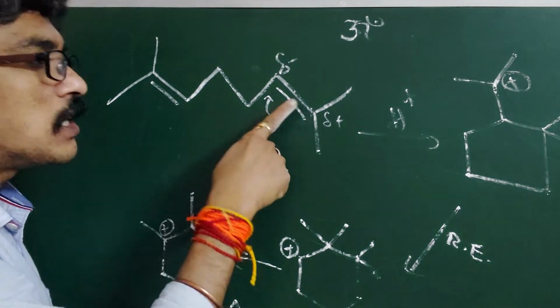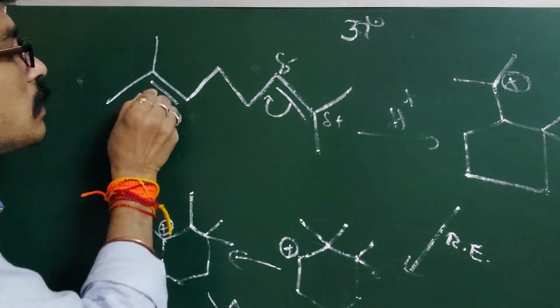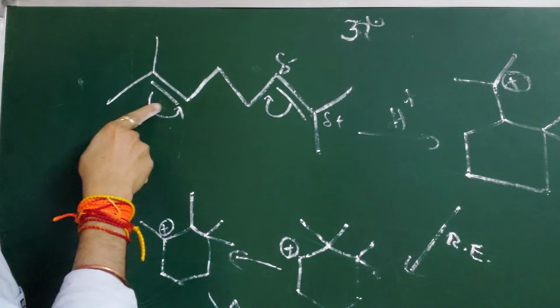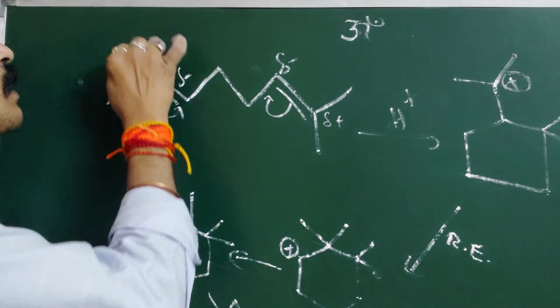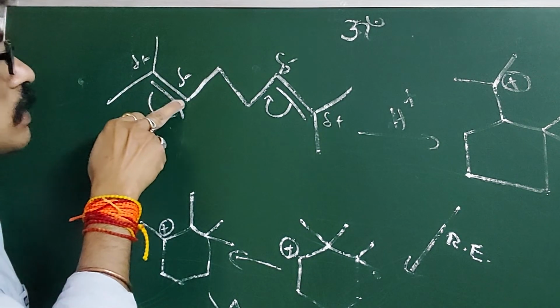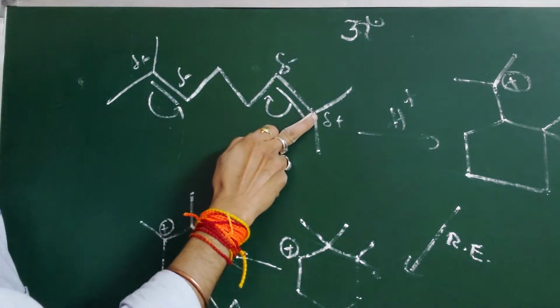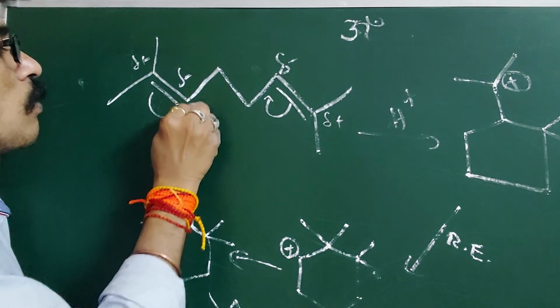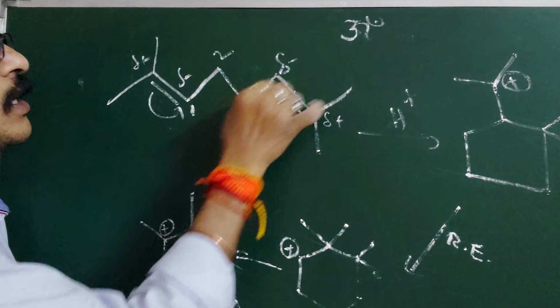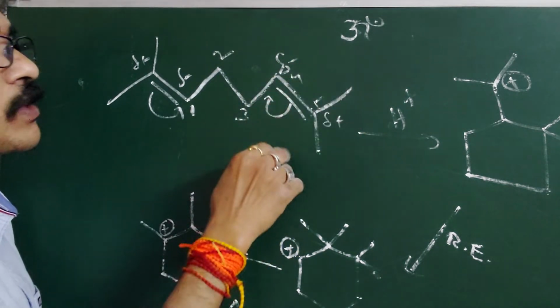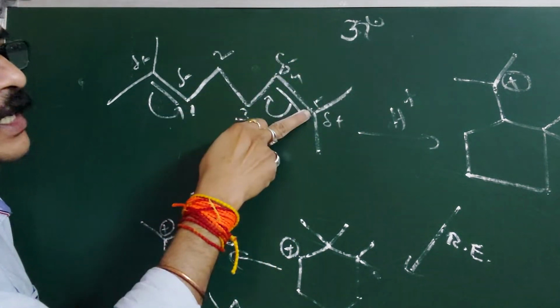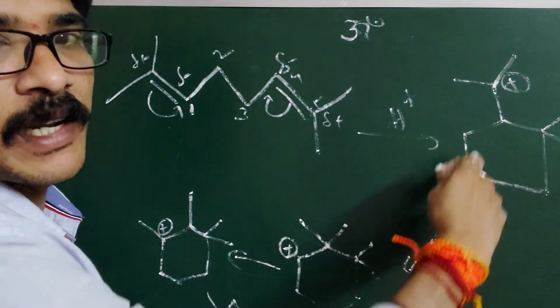In that carbocation, when the pi electrons move toward one side, one carbon gets partial negative and the other partial positive. Then the negative end attacks the positive one. Count the carbons: 1, 2, 3, 4, 5. The first carbon attacks the fifth carbon, so we get a 5-membered ring.